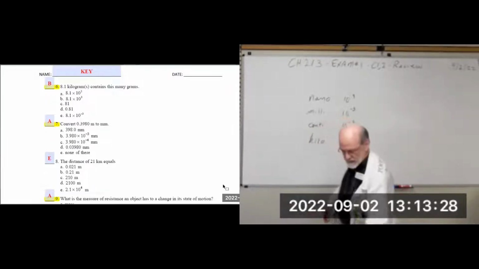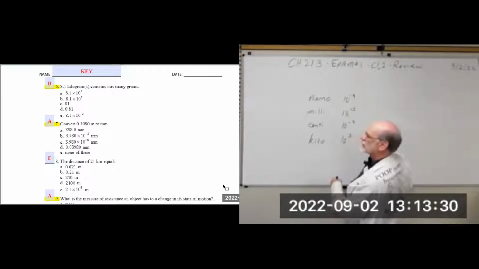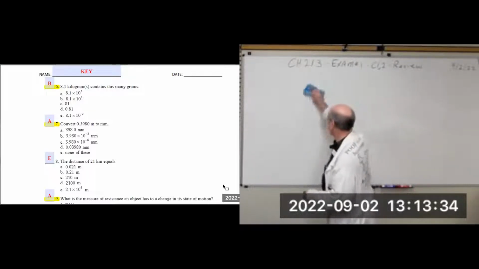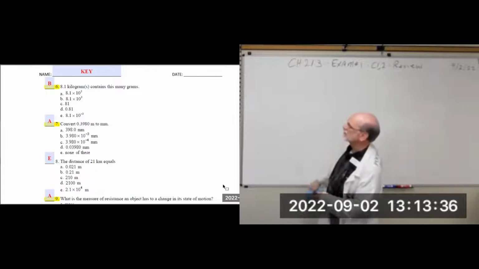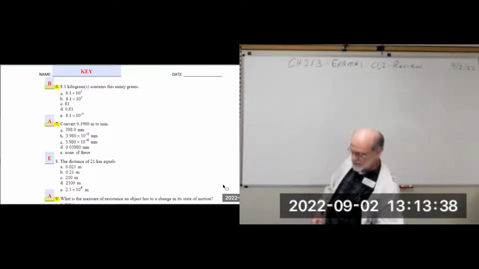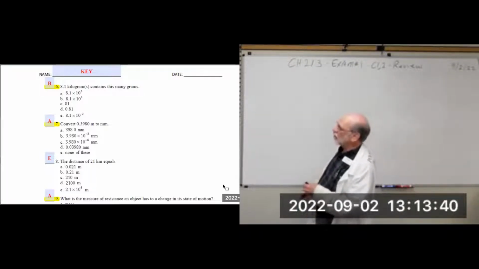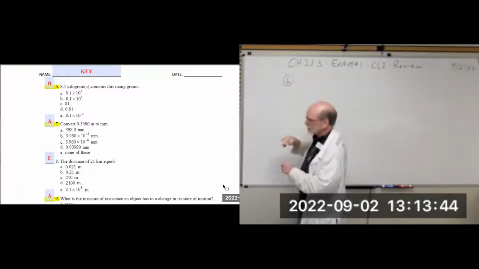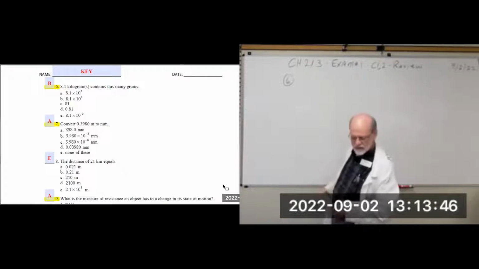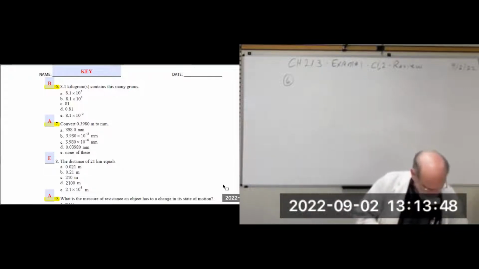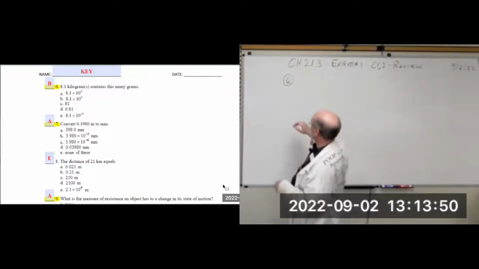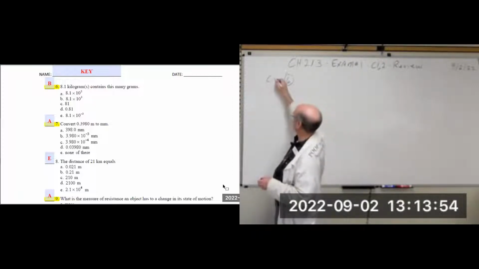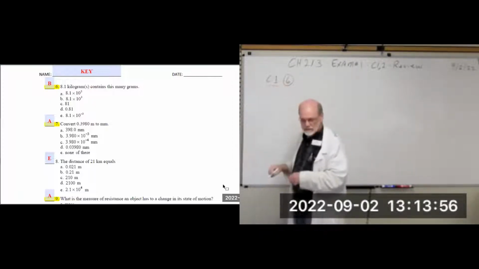All right. So number 6. 8.1 kilograms. I'm going to write up here, reference the number. By the way, I think these restart numbering with chapter 2 in the review, so I better put chapter 1 up here also.